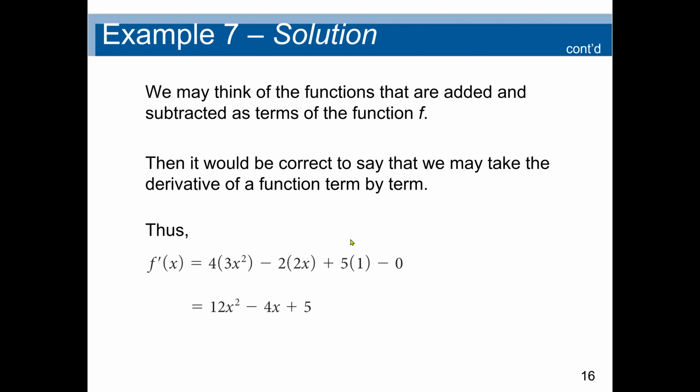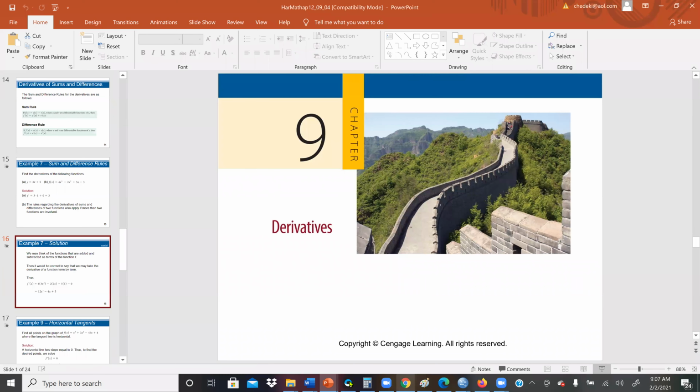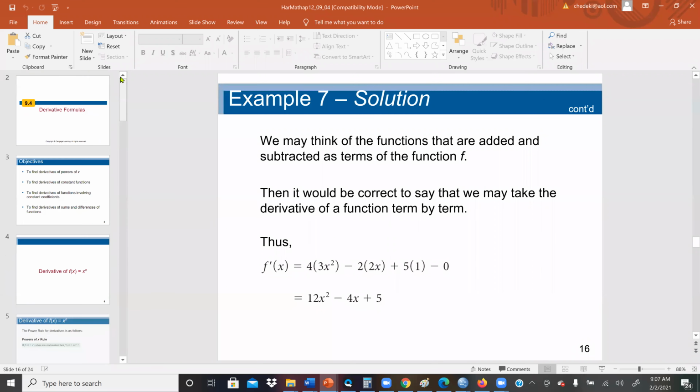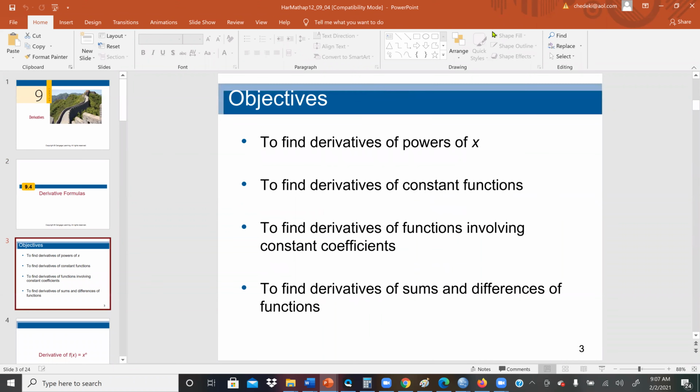Professor, I have a question. Yeah. Why do the integers turn into zeros? Yeah, because the derivative of a constant value is 0. That's the rule. Let me see if I can go to that slide again. I think this slide is where we started the derivative.